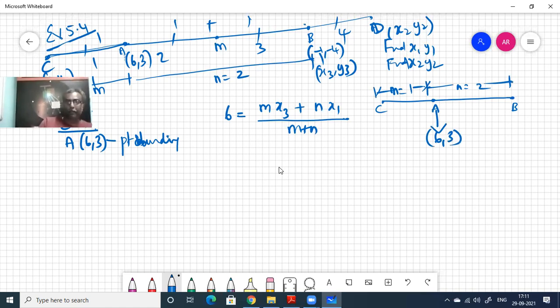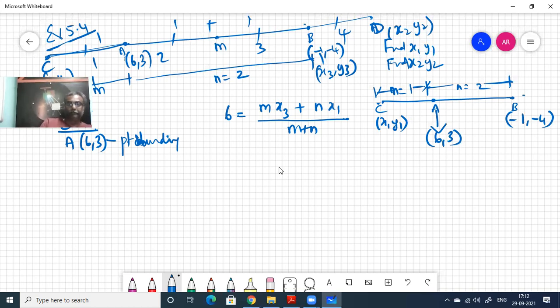The other point, minus 1 comma minus 4, also is known. What we don't know is x1, y1. Now A is the dividing point. Usually you will be given the end points and asked to find the dividing point coordinates. This time it is a reverse, so you put it in reverse like that.